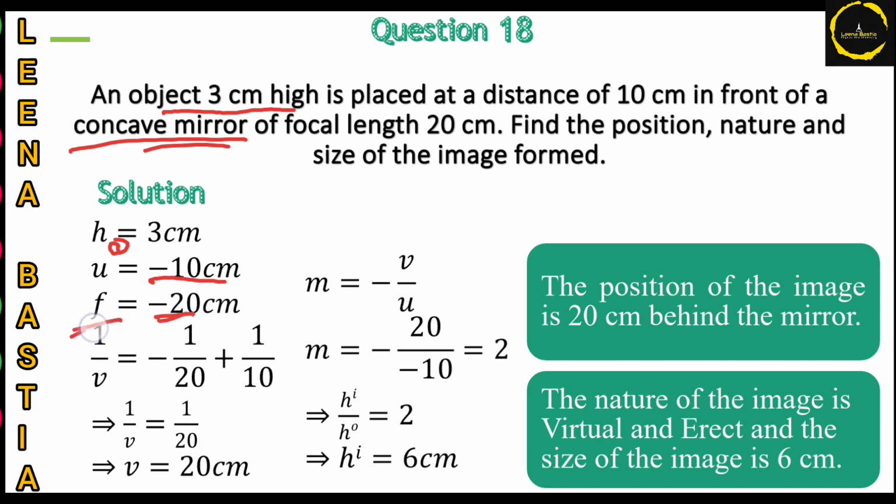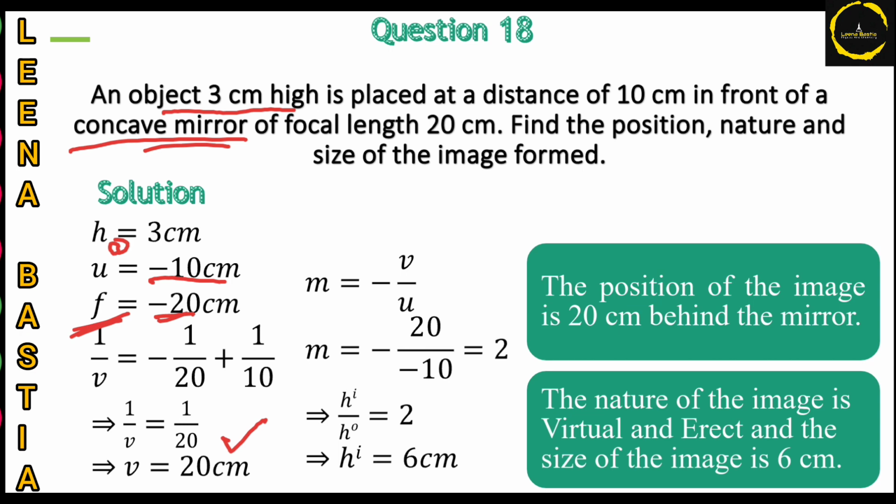Now here again you have to write the mirror formula, then substitute. Because of lack of space, I have to skip writing that mirror formula again and again. So just substitute the values: 1 by V equals 1 by 20. Now V becomes 20 centimeter.